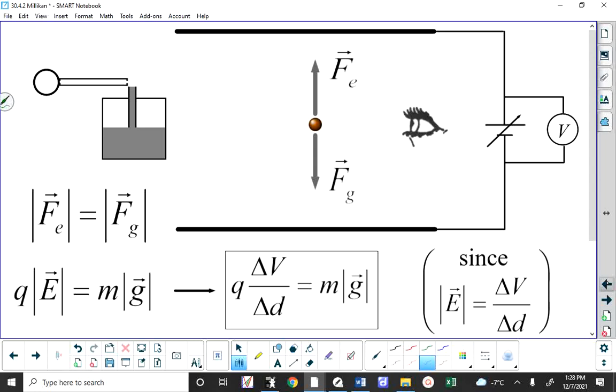But, and now we're getting into more of the university thing, that whole deal of how he finds the mass is not how he finds the mass. He lets air into the region and measures the terminal velocity of the drop. You understand what terminal velocity means? If I jump out of an airplane to go skydiving, I'm going to accelerate, accelerate, accelerate.